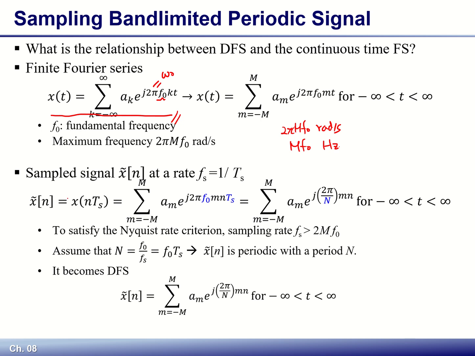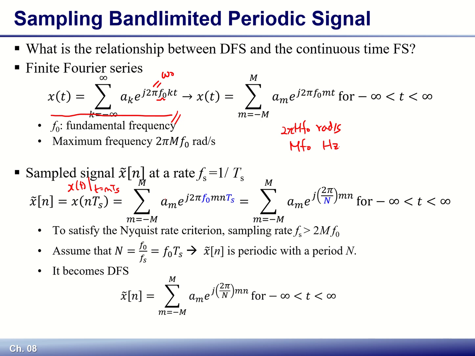So let's sample to make x tilde, with n Ts instead of t, where 1 over Ts is the sampling rate.